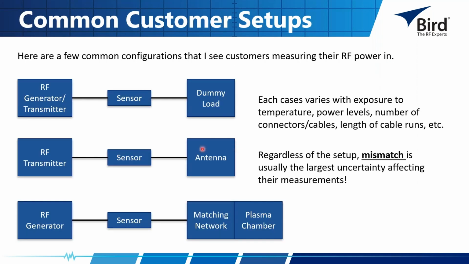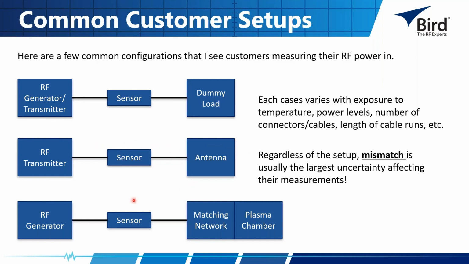So there's a few common configurations that I'm always working with customers on. That can be if they're doing some sort of RF generator transmitter connected into a through-line directional coupler cell sensor and then terminated into a dummy load. Or if they have an RF transmitter that's performing through the sensor out to an antenna.